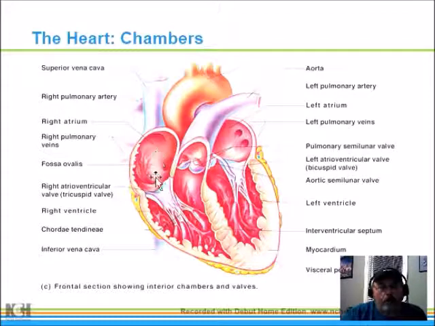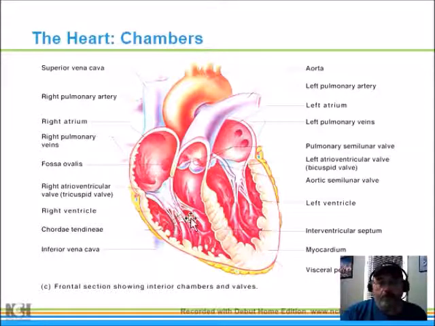So if you look here, here is the right atrioventricular, also known as the tricuspid valve, and blood flows from the atrium through that, and then when the ventricle contracts, that valve is going to close.